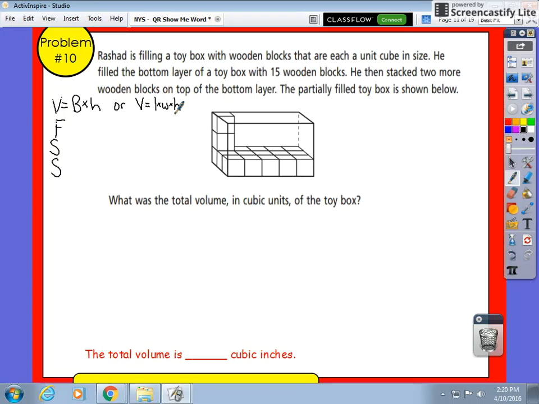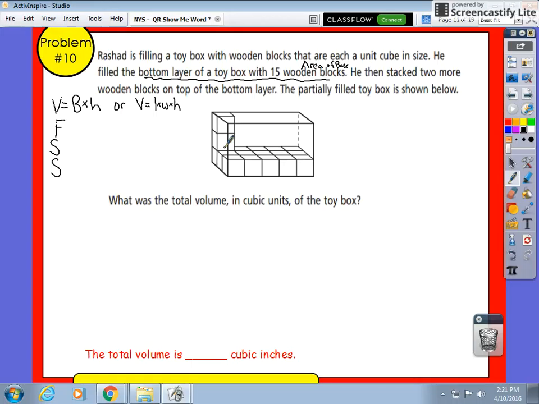For this toy box, they tell us that the bottom layer of the toy box is 15 wooden blocks. They are telling us the area of the base. And if I look, I can count 1, 2, 3, 4, 5, 6, 7, 8, 9, 10, 11, 12, 13, 14, and then that hidden one is 15.